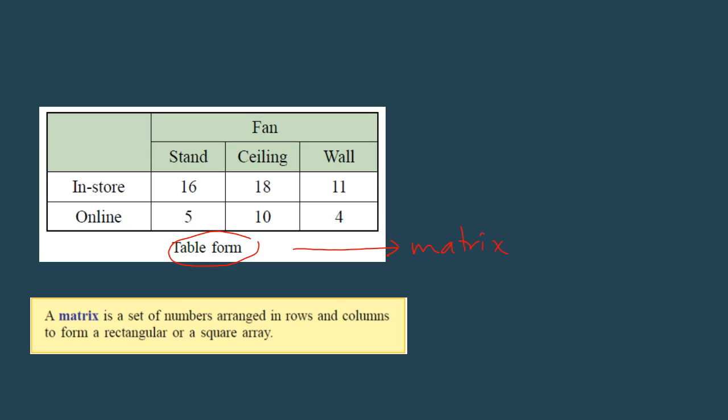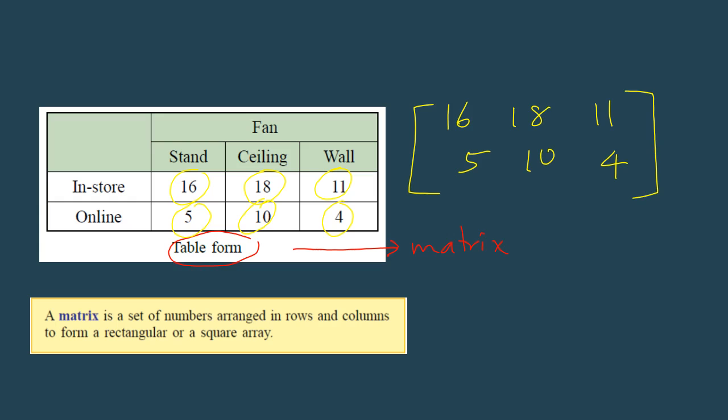So what you do, you just take the numbers. You have 6 numbers here, you make one bracket, you write it back: 16, 18, 11, 5, 10, and 4, then you close the bracket.